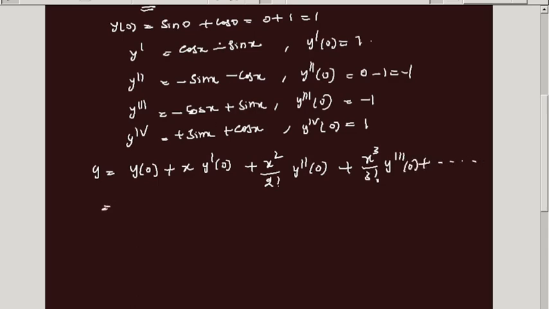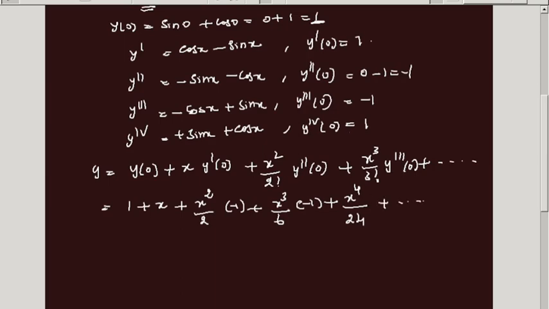So here y of 0 is 1, we substitute here 1 plus x into y dash of 0 is 1, so we can leave it as it is, plus x square by 2 factorial is nothing but 2, and y double dash of 0 is minus 1, plus x power 3 by 3 factorial is nothing but 6, into y triple dash is nothing but minus 1 here, plus x power 4 by 4 factorial. 4 factorial is nothing but 24, and y4 of 0 is 1.